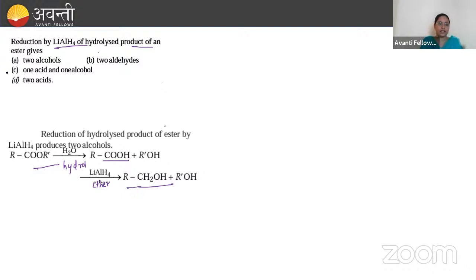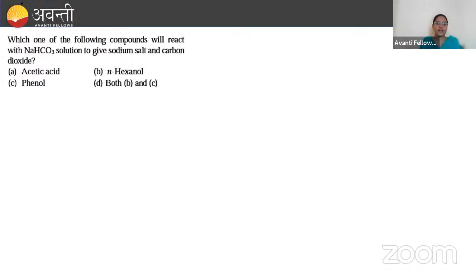So what will be the correct answer here? RCH2OH and ROH. So there are two alcohols we get. How many alcohols do we get? Two alcohols. Do you get the idea of this? Yes?